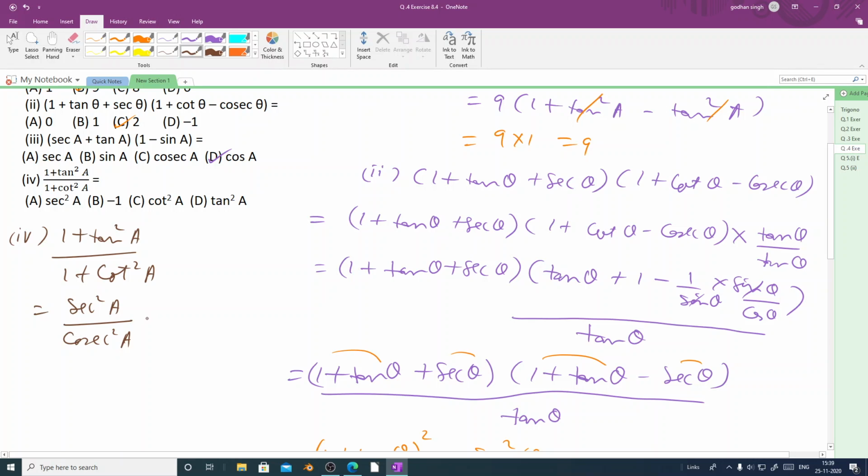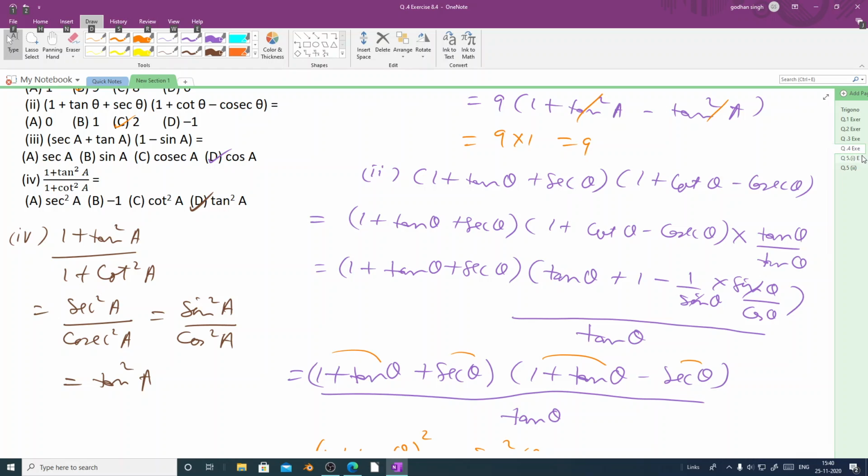And this also we will write in terms of sine and cos. So 1 by cosec we know is sine square a, and sec square a we can write as 1 by cos square a. So finally we will be getting sine square a over cos square a, that is tan square a. So 1 plus tan square a over 1 plus cot square a is nothing but tan square a. So the correct option in this case is D. So with this question number 4 is complete.